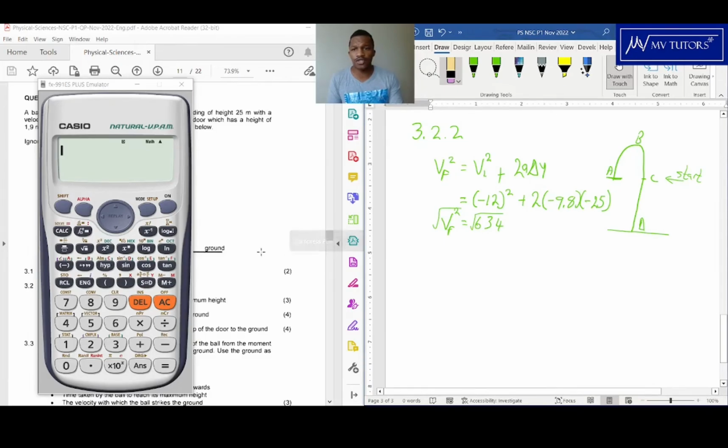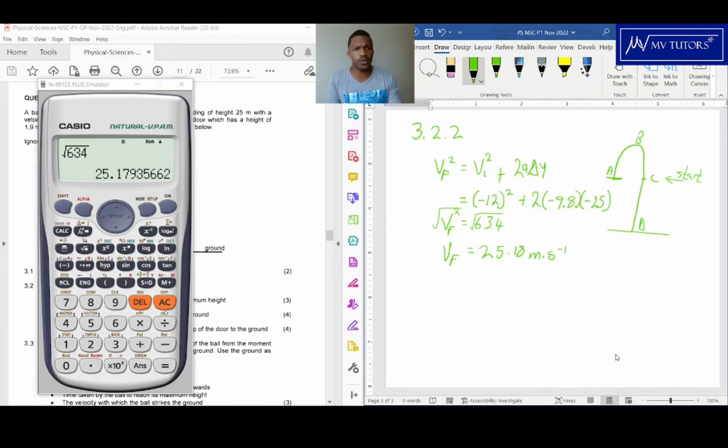At this point we're just going to take the square root of 634, and that's going to be equal to 25. So our final velocity is therefore 25.18. Now, what are our units? It's velocity, so that's in meters per second, just like that.